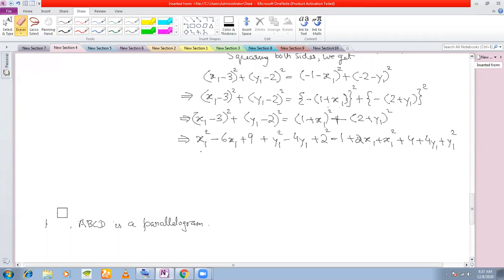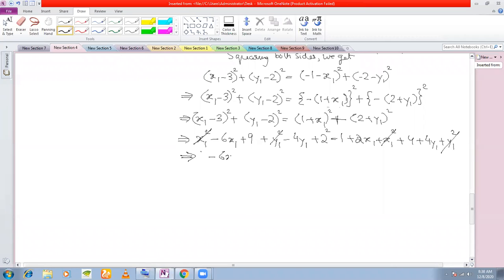Now see, x1 square and y1 square will cancel from both sides to give you an equation in x1 and y1. So x1 square will cancel, y1 square is going to cancel. So now you're getting only x1 and y1. Let us write this equation in x1 and y1. Take everything to one side.